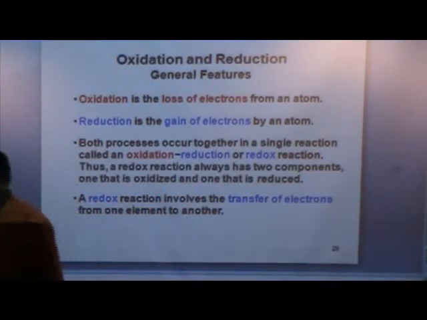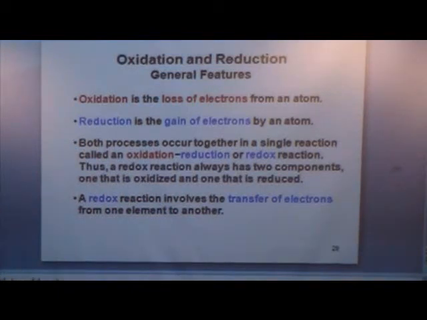Something reacts with oxygen, sometimes called a combustion reaction. But the best definition for oxidation is the loss of electrons from an atom. If a substance loses electrons in the process of a reaction, it is said to be oxidized.